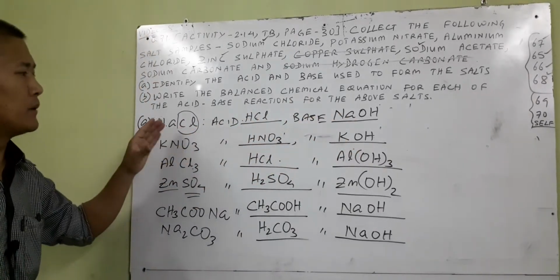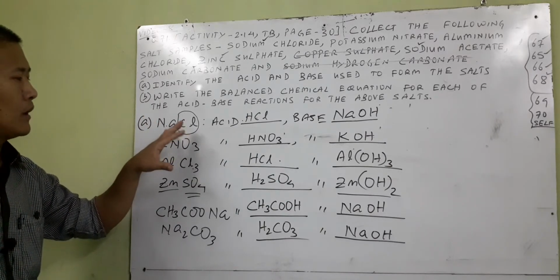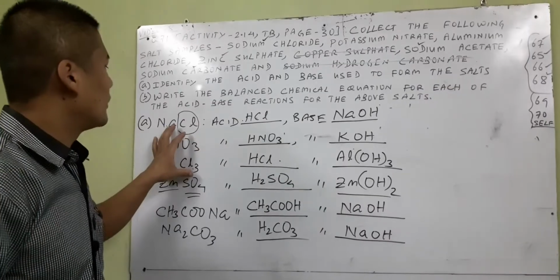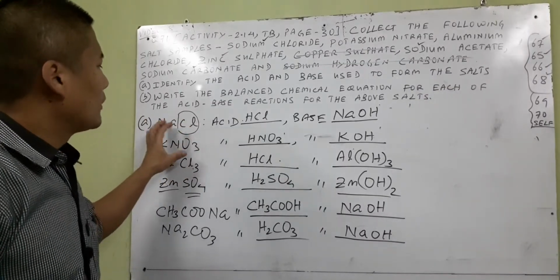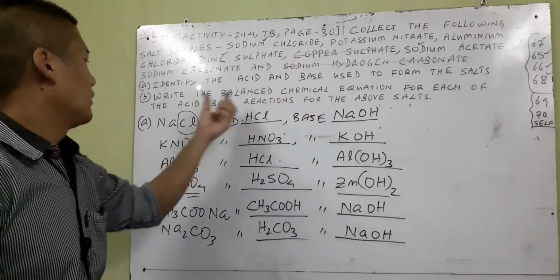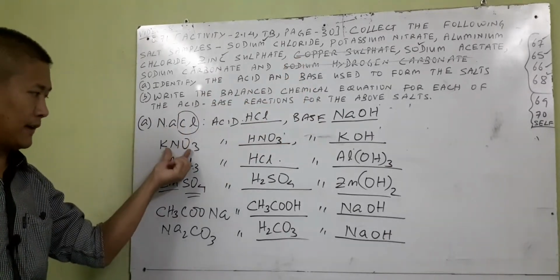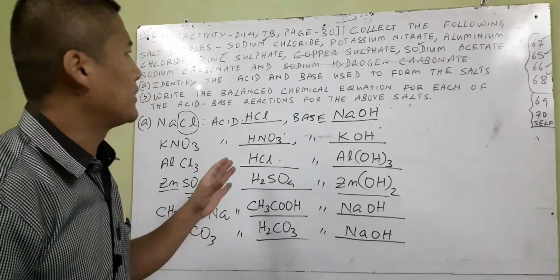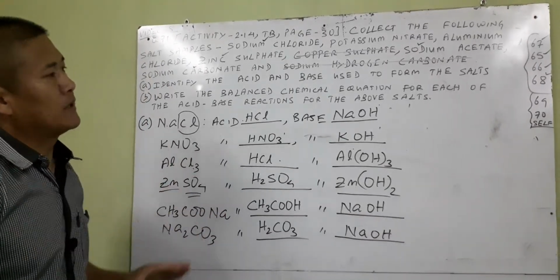Remember that salts are substances formed when an acid reacts with a base. In each of these salts, we are learning to identify which was the acid and which was the base taken to react to get the salt, like sodium chloride. This is an important activity, because the chapter itself is acids, bases and salts.